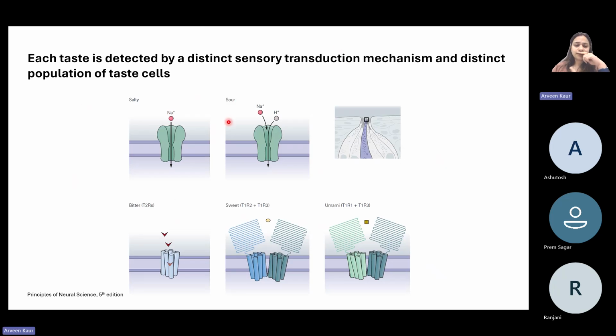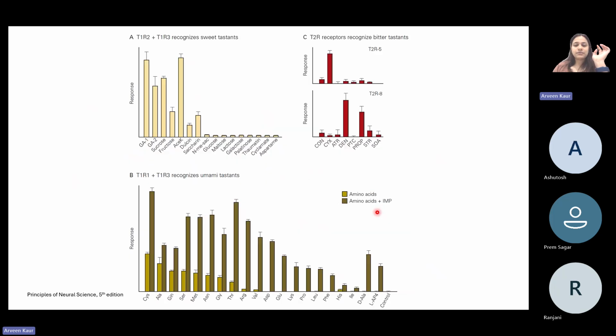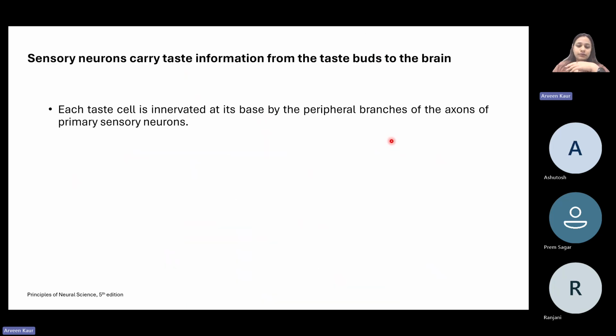So these are ion channels for salty and sour, and for the others, bitter, sweet, and umami, there is GPCR-based signaling. So these are different receptors, and how a combination of different receptors gives different kinds of tastes is shown over here.